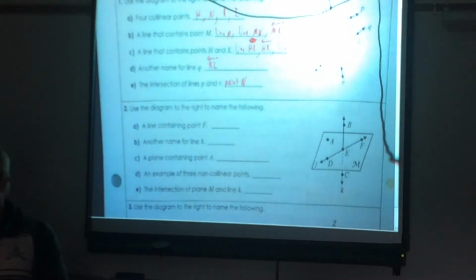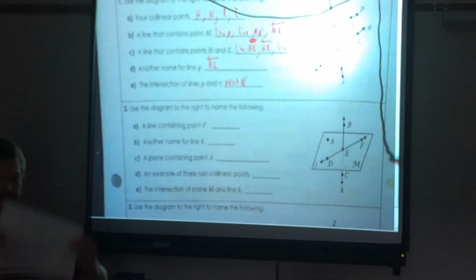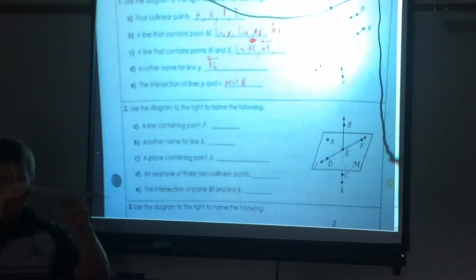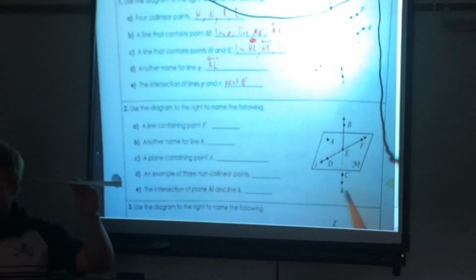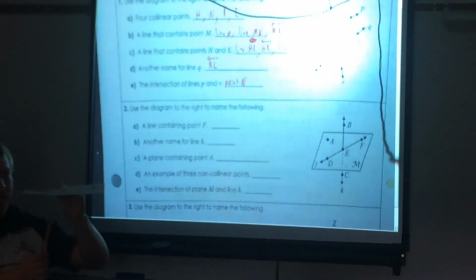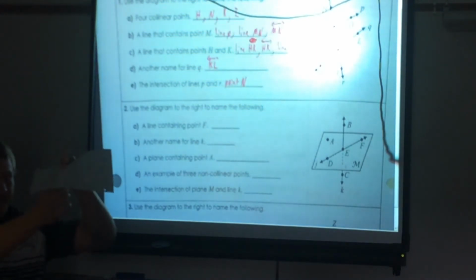So what this is saying is basically this flat piece of paper is my plane, right? Line K, where it's dotted, is coming up from the bottom through the plane. Does that make sense?